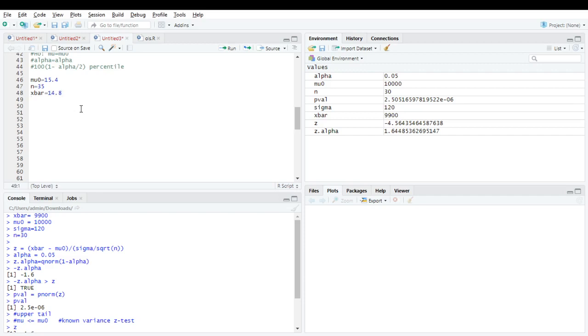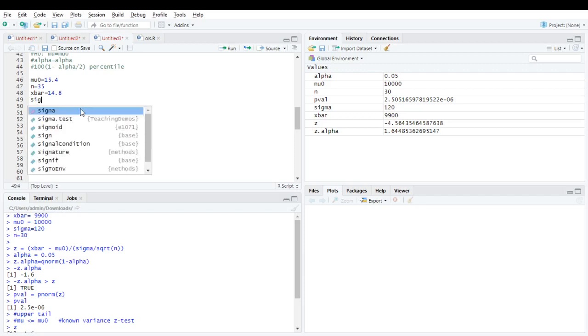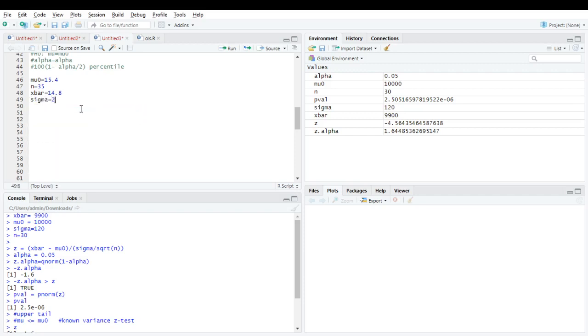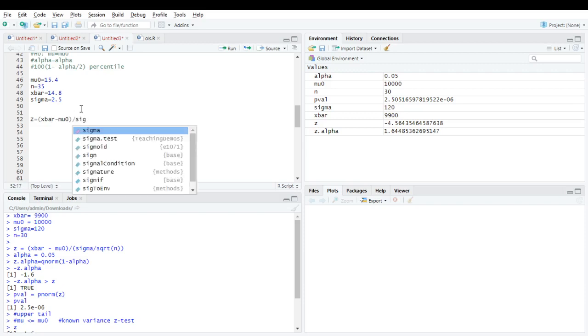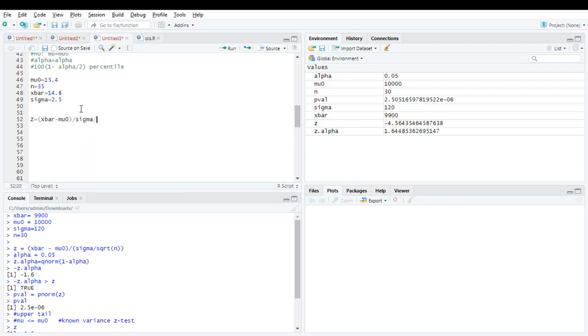And they have given, as we are doing for known variance all this, that's why we are computing z value. So you have your sigma as 2.5. Okay, so first what we have to do, we have to calculate the z value, which is nothing but x bar minus your mu 0 divided by sigma divided by square root of n.